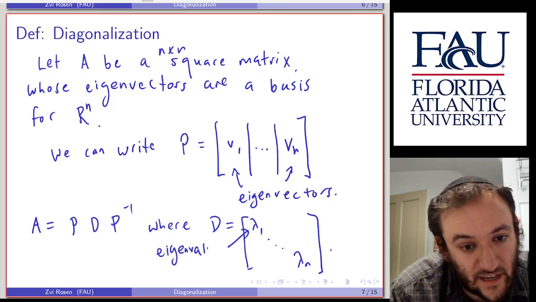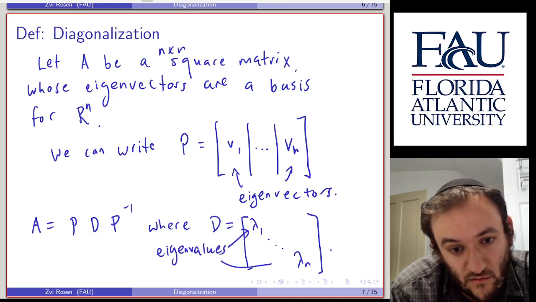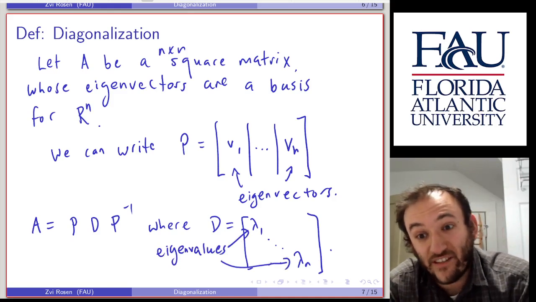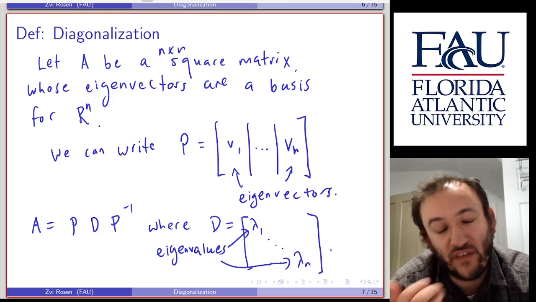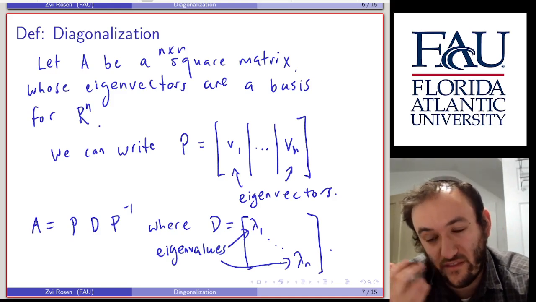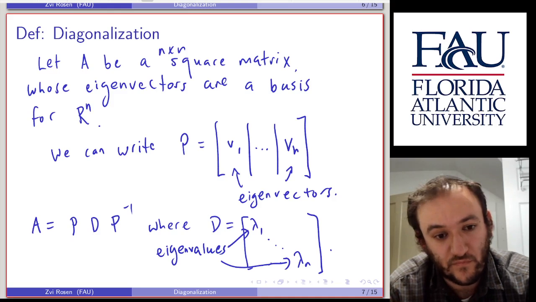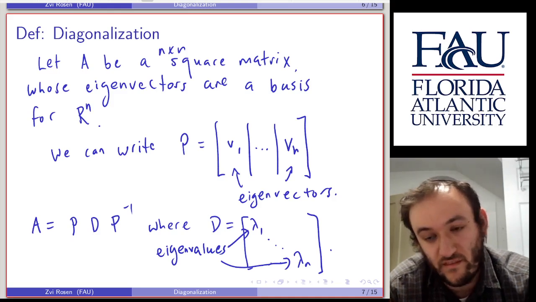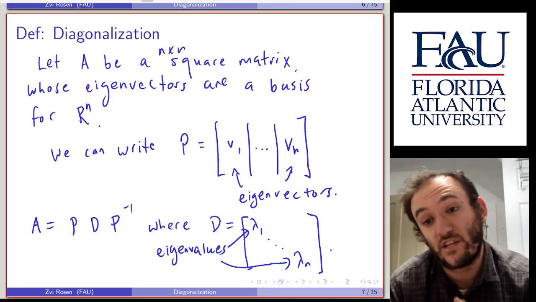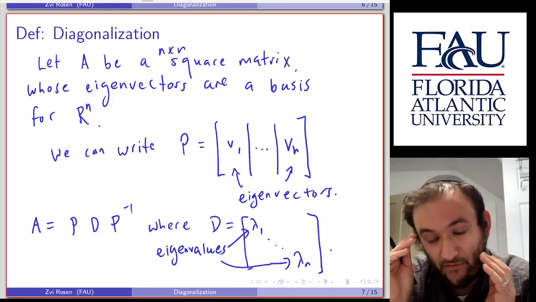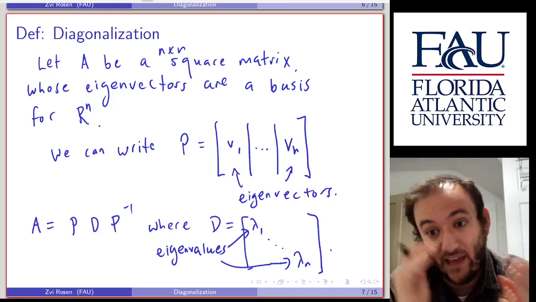Okay, and this might be kind of shocking. Why should I be able to factor a matrix in this weird way using the eigenvectors and eigenvalues? But when you think about it in the way we just described with changing basis and scaling, this makes perfect sense. First, you change from the standard basis to the eigenvector basis.